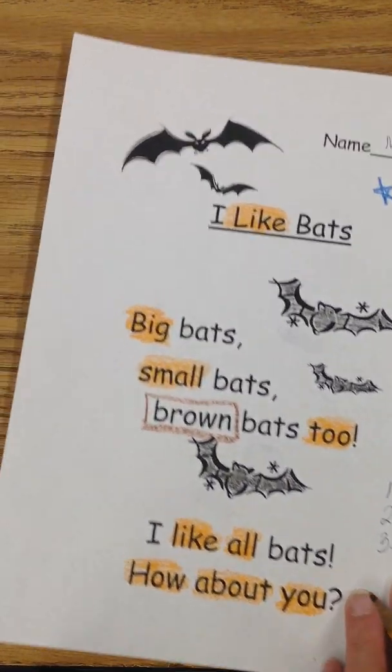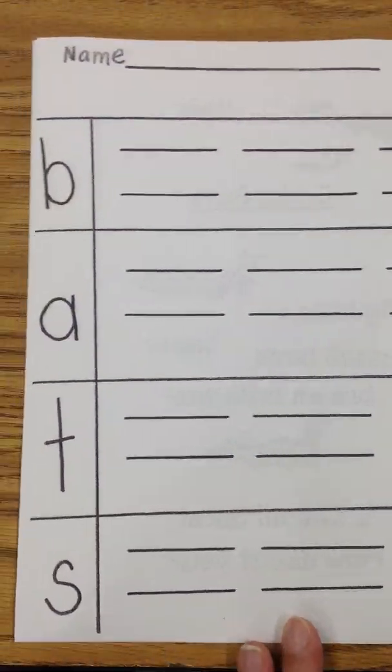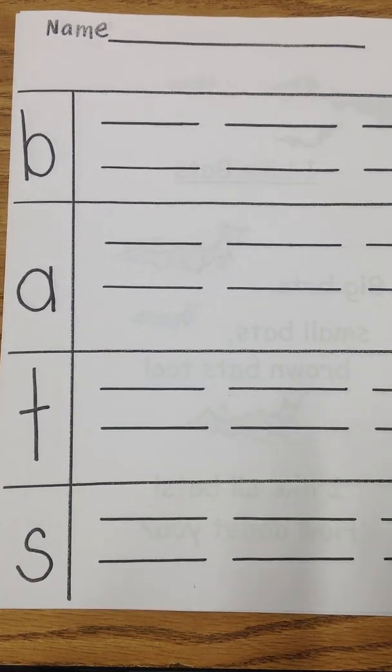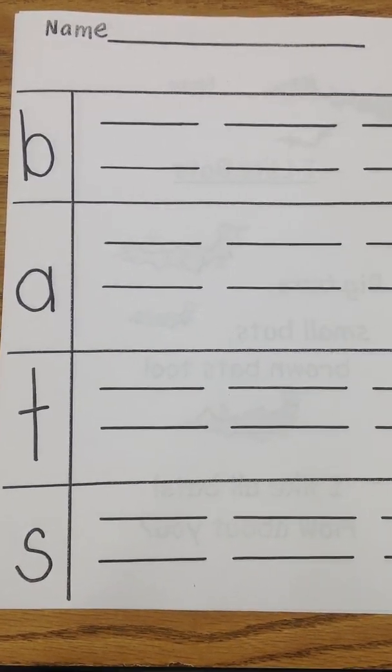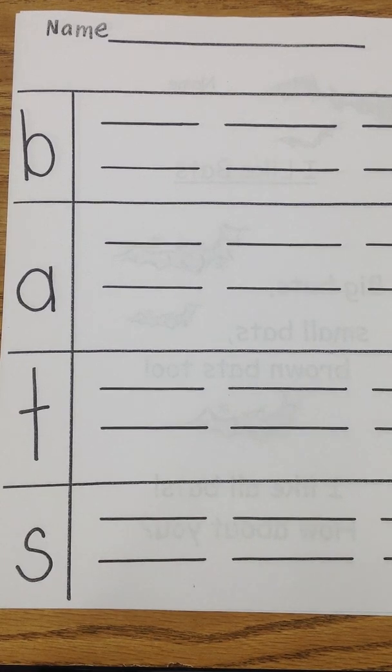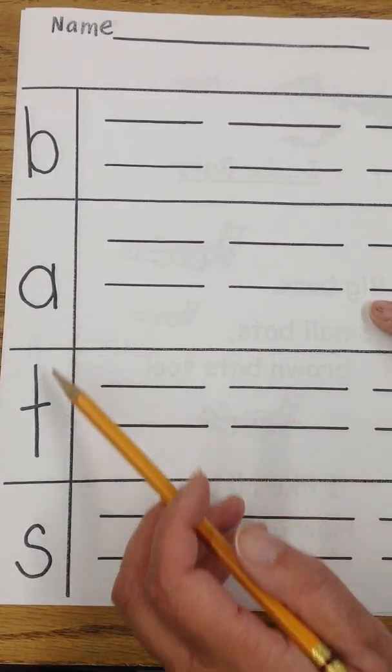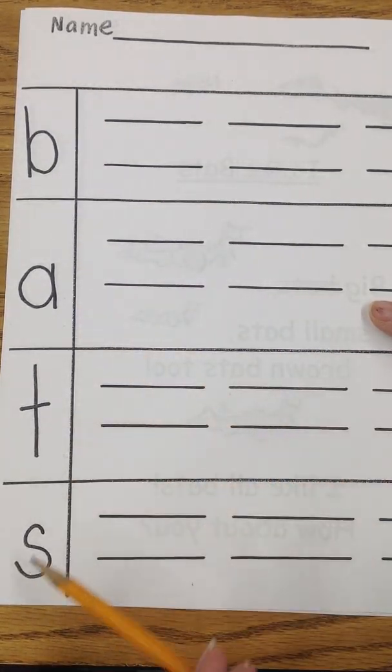On the back, we have our Write the Room, and it's bats write the room, where we've done this before with leaf, and you had to find words that begin with the letters in leaf. So now this one is find words that begin with the letters in bat. B-A-T-S.